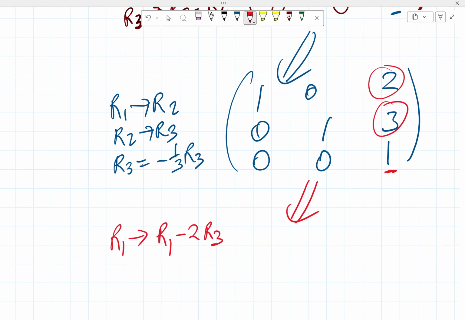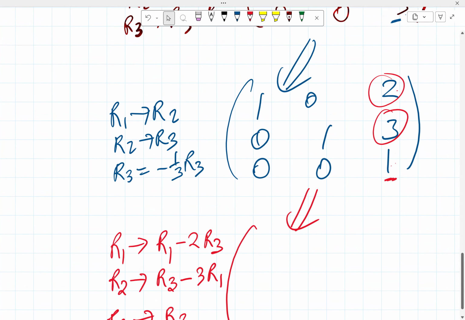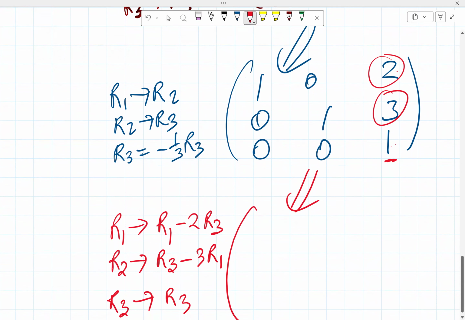Then the new row 2 is going to be the old row 2 minus 3 times the old row 3, so that we can have 3 minus 3 times 1. So this one would have been 2 minus 2 times 1, right? And finally, row 3 remains what it is. So what do we have? For this, we have 1 minus 2 times 0. So this is simply 1 minus 0, which is 1. So this is also 0 minus 2.